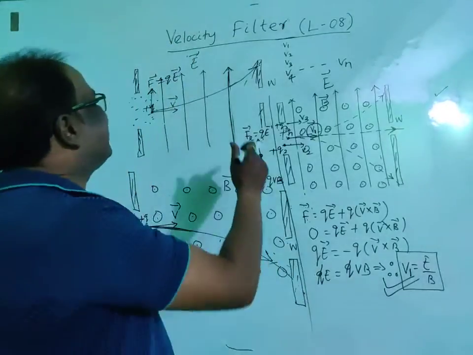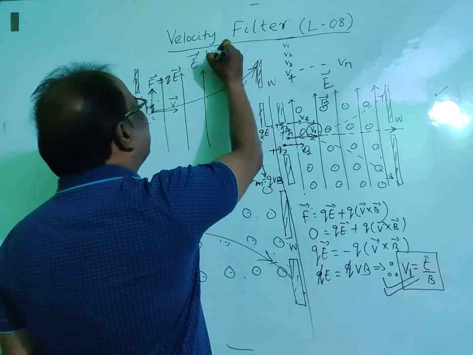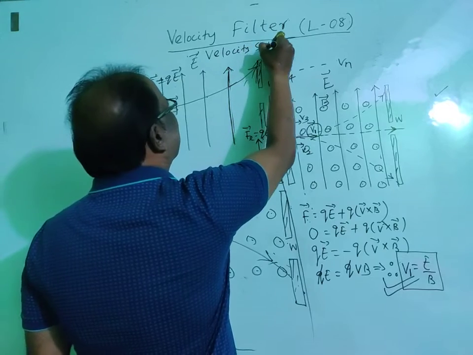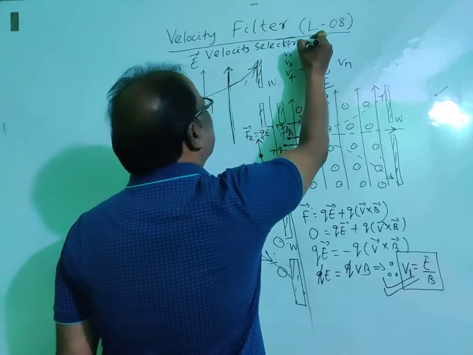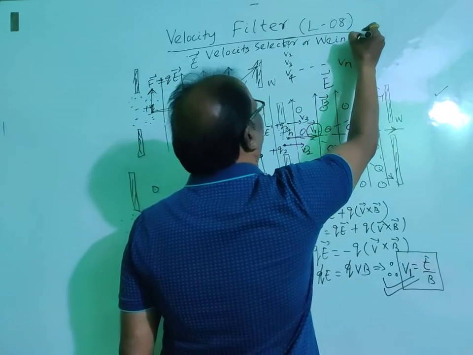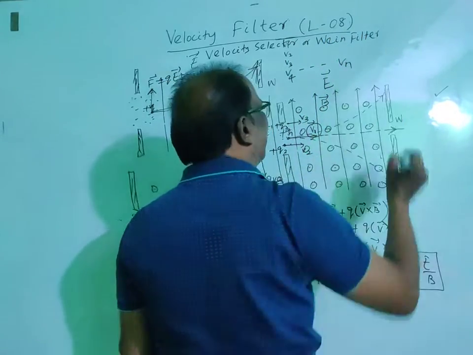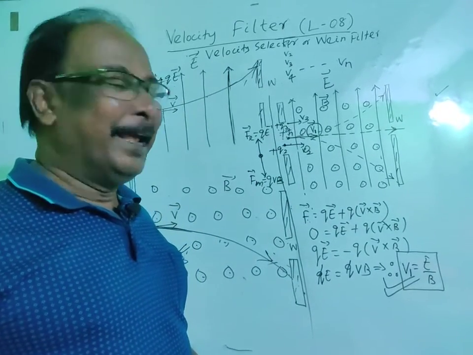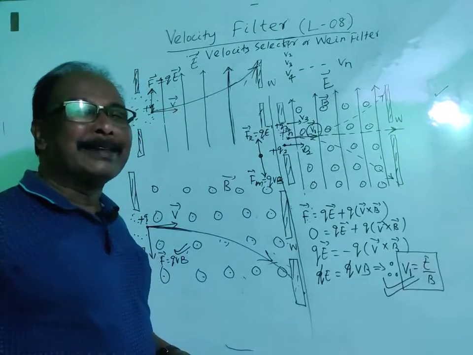So the velocity filter is also called a velocity selector, or a Wien filter. A short discussion, and I hope you have enjoyed the class.